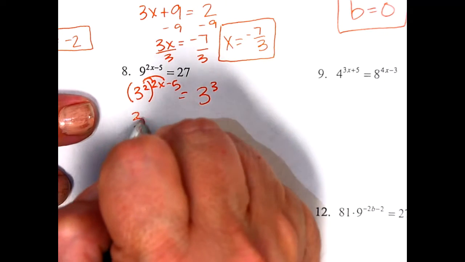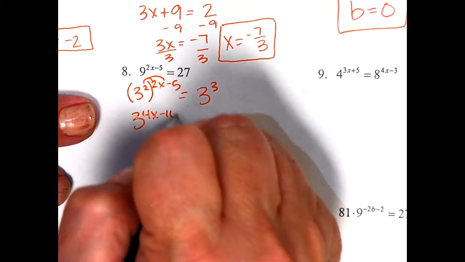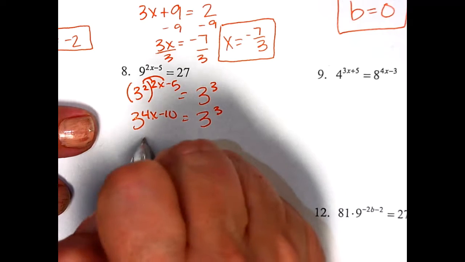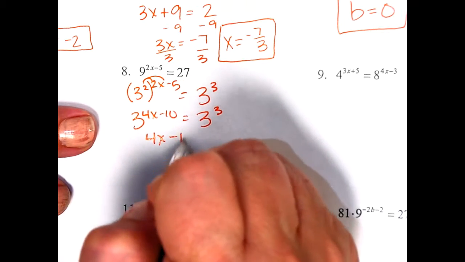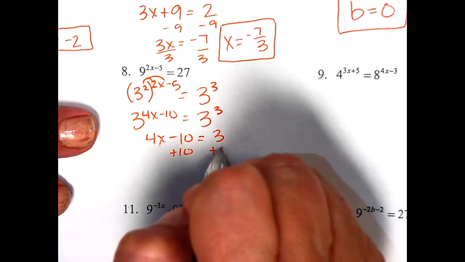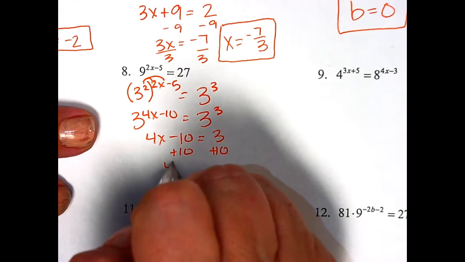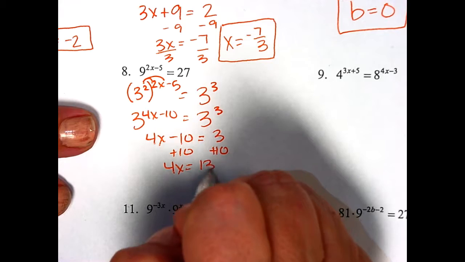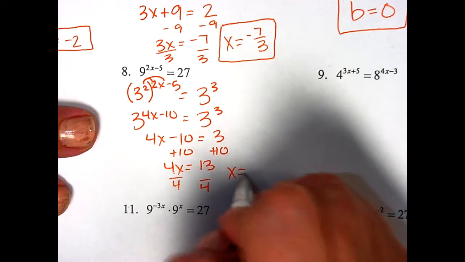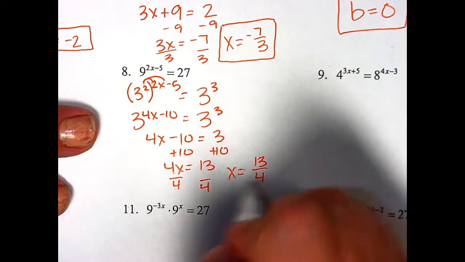So I have 3 to the 4x minus 10 equals 3 cubed. And so I have 4x minus 10 equals 3. Add 10. So 4x equals 13. Divide by 4. x equals 13/4.